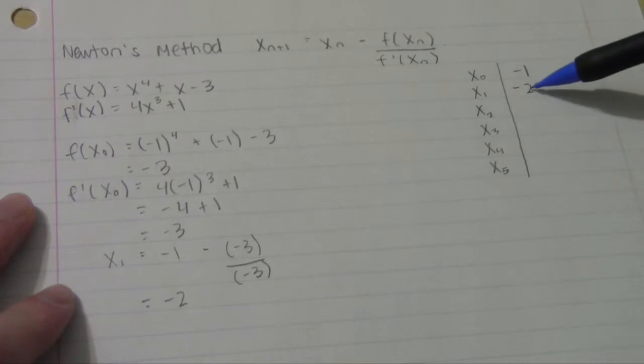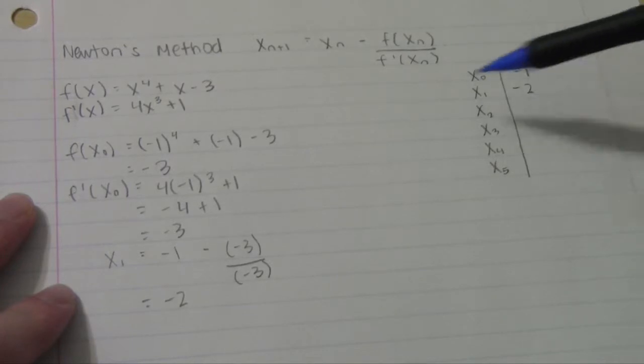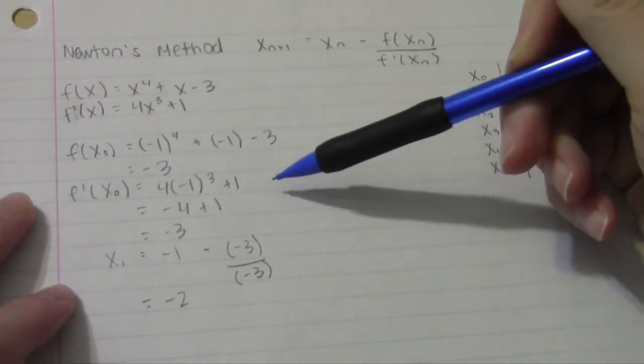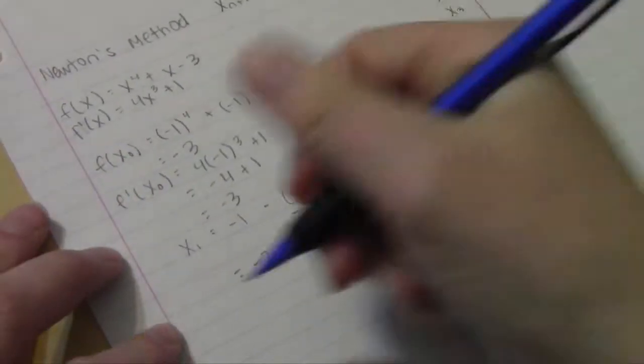Now we will substitute this x sub 1 into our original equations again, just like we did with our x sub naught.